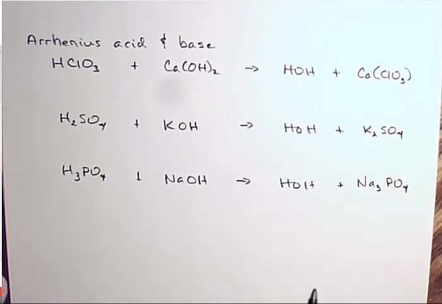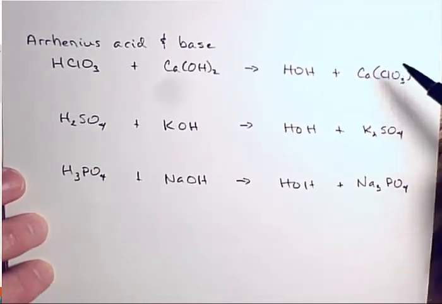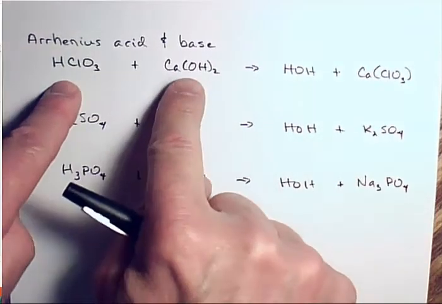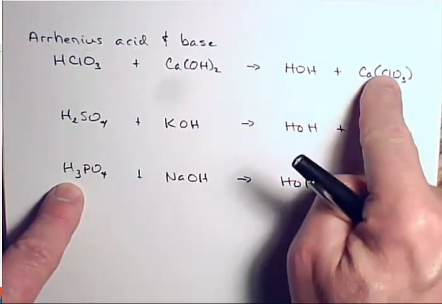There are two ways to recognize an ionic compound: if it contains a polyatomic ion like these do, or if you have a metal combined with a nonmetal. Either case will give you an ionic compound. But by definition, if I have an Arrhenius acid-base reaction like this, I want to produce water and a salt.